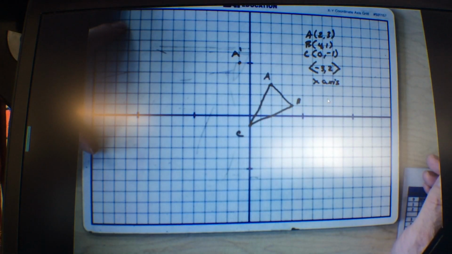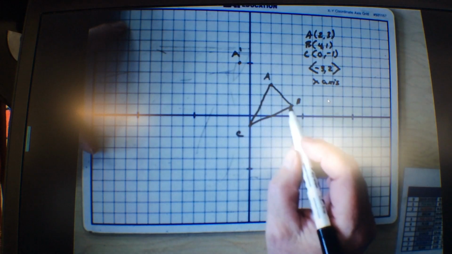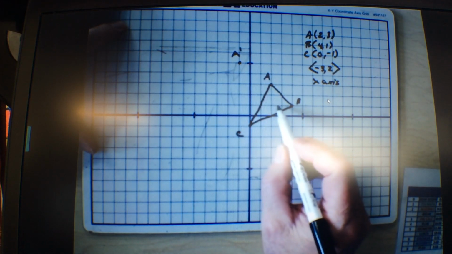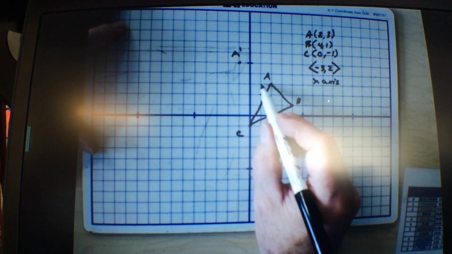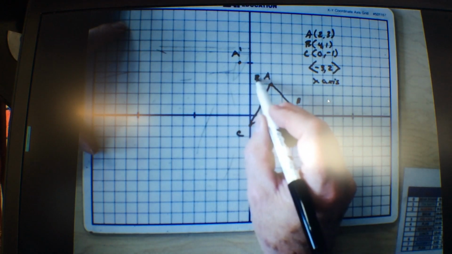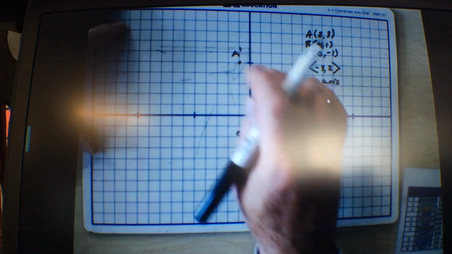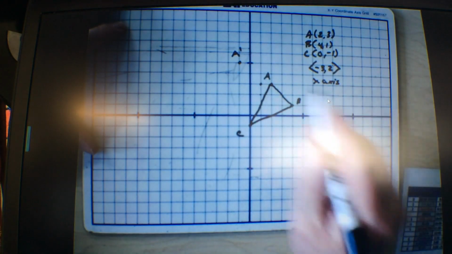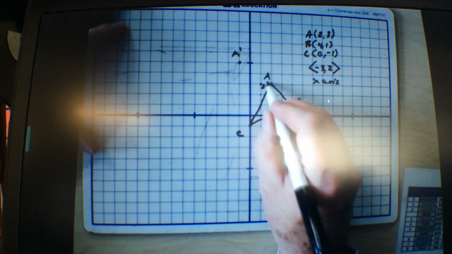Do we all understand that? Would you move B then the same amount? B is 1, 2, 3, 1, 2. So B prime is right there. I'm going to erase B prime and write it on the other side. So this is B prime.